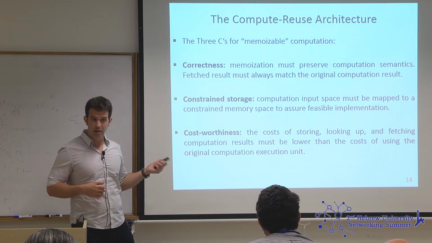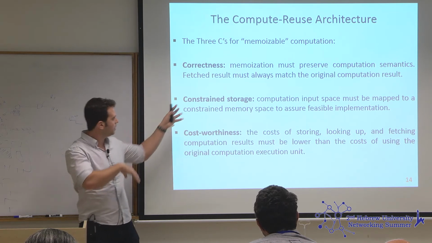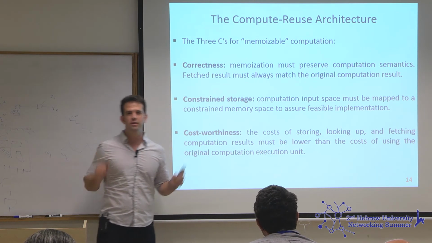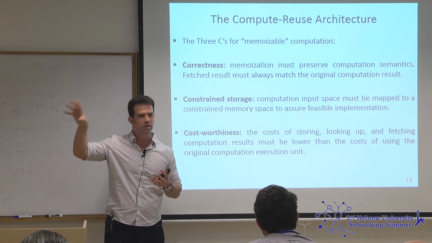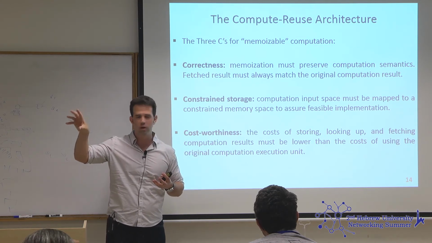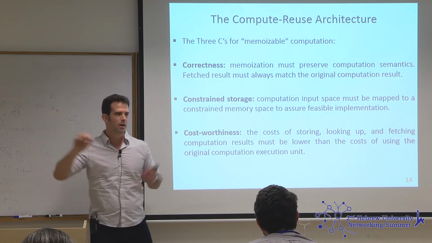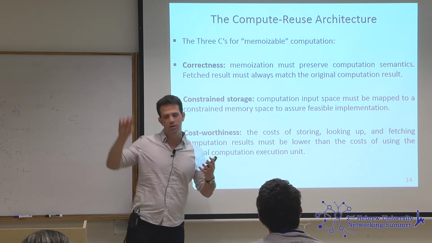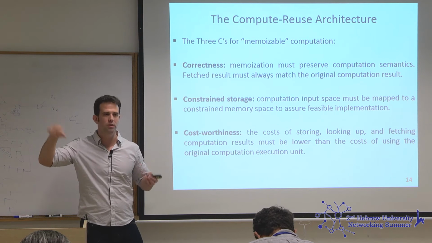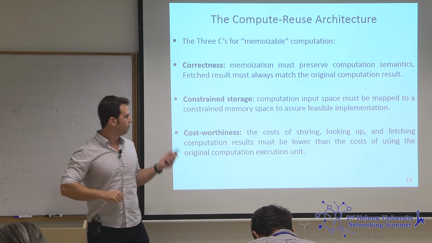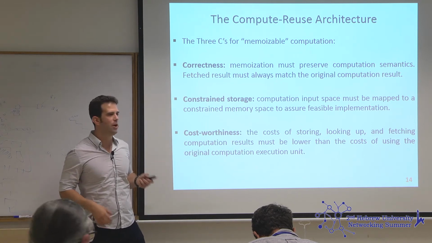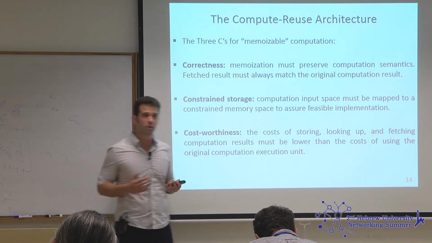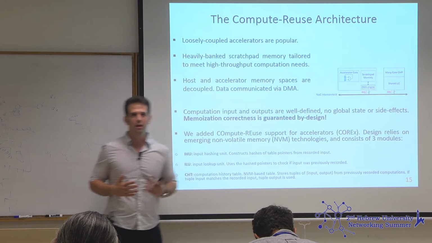The last one is in fact cost-worthiness, which connects to the previous one. We need to look at the given accelerator, the given computation unit, and the cost of executing these computation units must be larger than the cost it takes to store, look up, and fetch results in order for memoization to be cost-worthy.